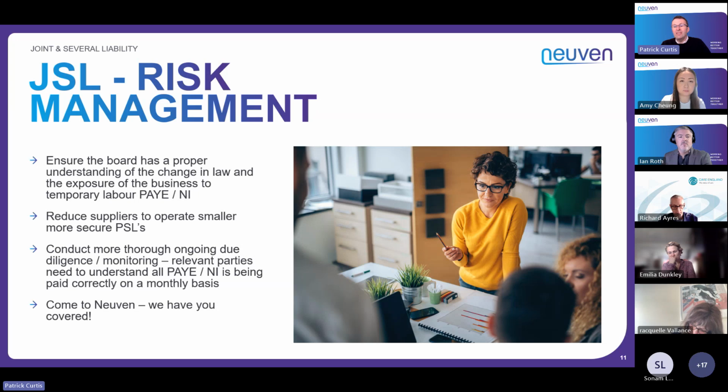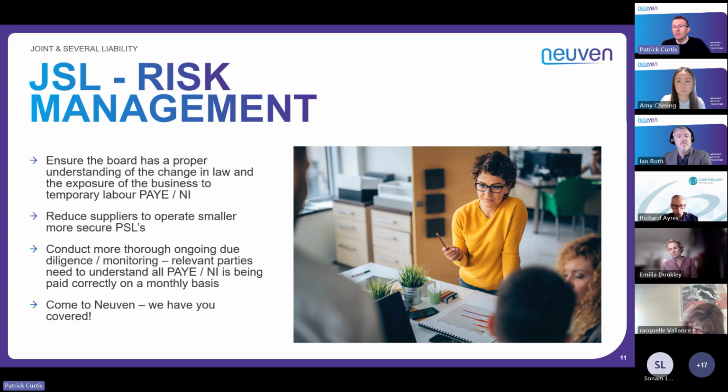The only reasonable defence to this, if you are going to use temporary labour, is to have a very, very high certainty that all the tax associated with that labour, certainly all the PAYE and NI, is being correctly calculated and is being paid to HMRC on an ongoing basis. That's why I use the phrase monitoring as well as due diligence.